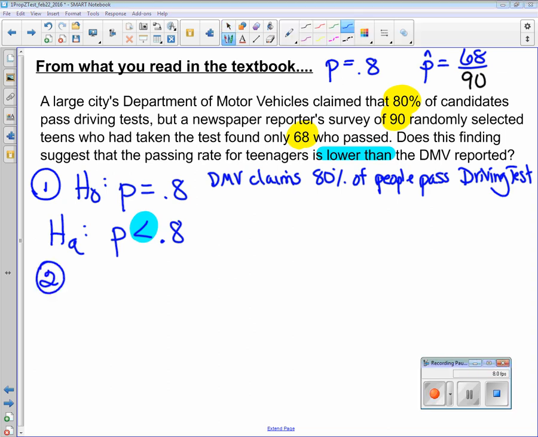Don't forget to state your test. So, 1 proportion z-test. What do I say for condition 1? It says in the problem they were randomly selected, right? So we're covered. The sample was collected randomly.